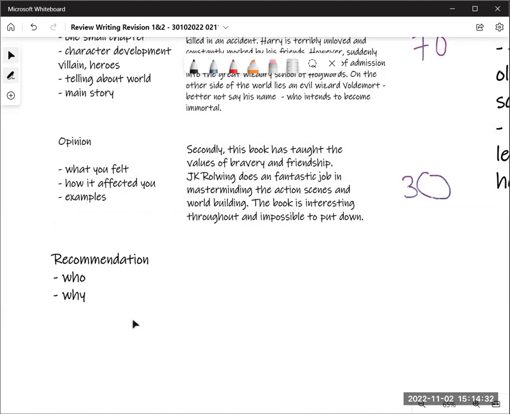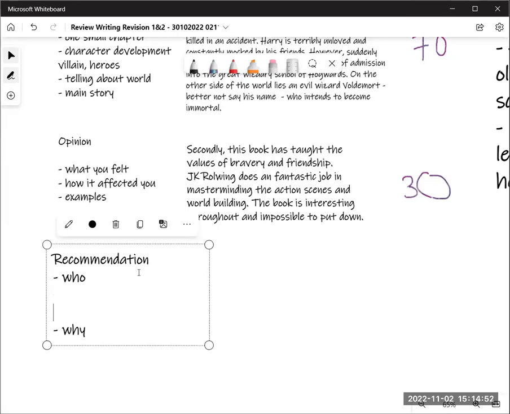Now, who would you recommend this book to? I need the answer from Diana. Who would you recommend this book to? My friends, classmates. Friends, classmates, all right. Cousins. Lula, who would you recommend it to? Okay, cousins, friends, classmates. Okay, let's write it here. One thing we need to write is who. Now, this is an adventure book.